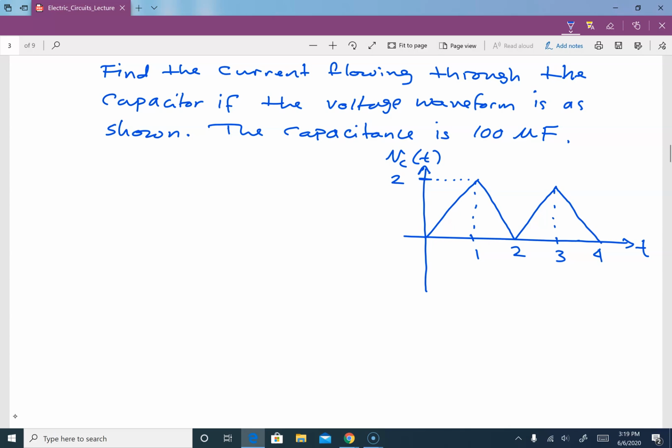So this over here is the voltage waveform. And from this voltage waveform, we would like to obtain the current waveform to see how it looks like.